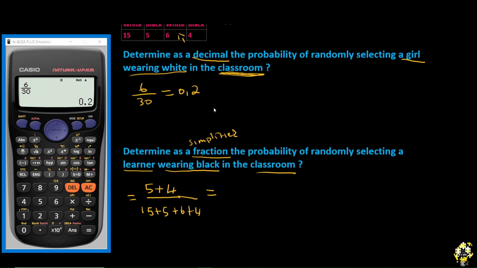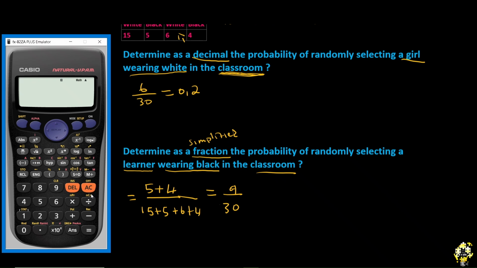No mental maths, right? At the top, 5 plus 4, we are going to get a 9. And at the bottom, we have already done this, we are going to get a 30. So it means 9 over 30.